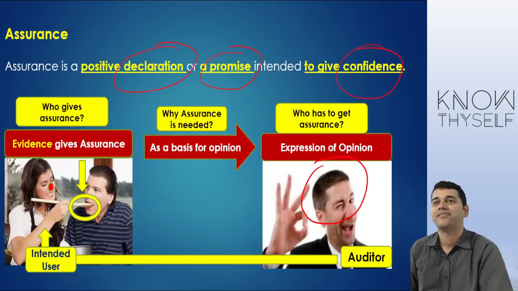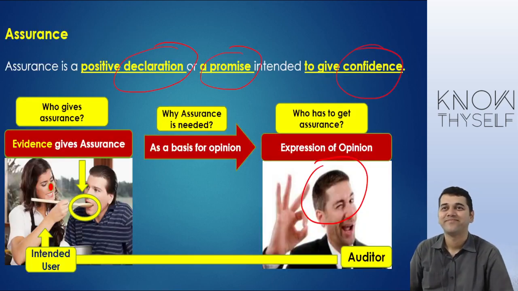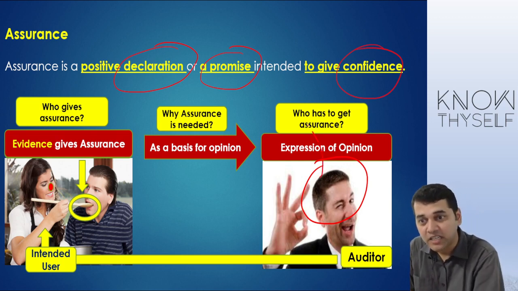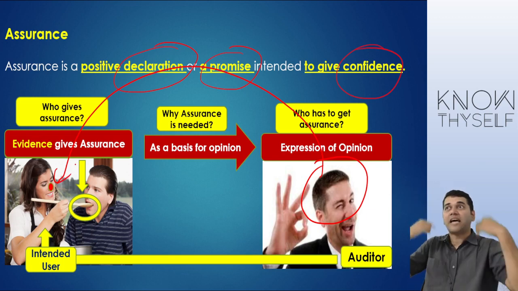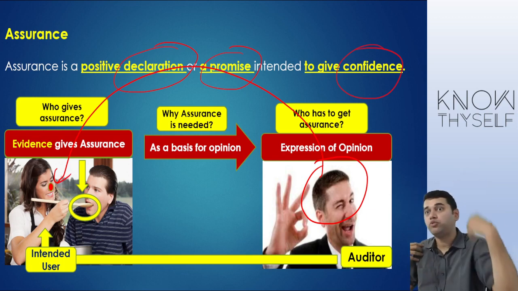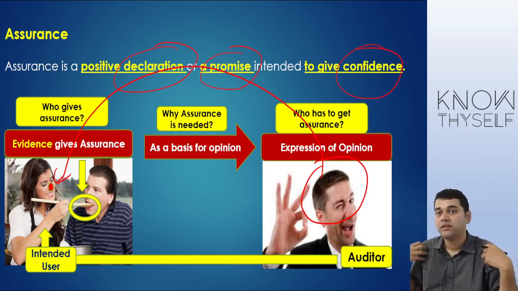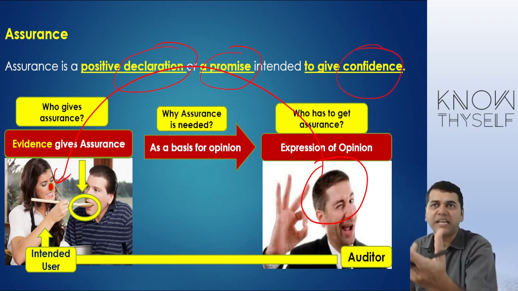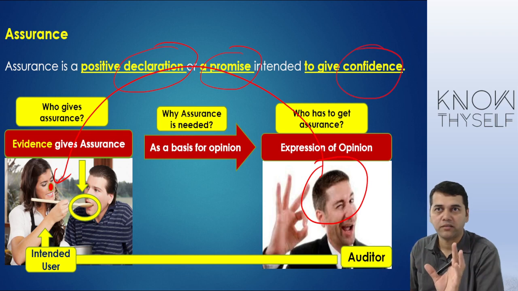Now, assurance is given by the auditor. Just because I have formed an opinion, how will somebody come to know what is my opinion? That is called expression of the opinion. How do I express? I may verbally tell, this is true and fair.